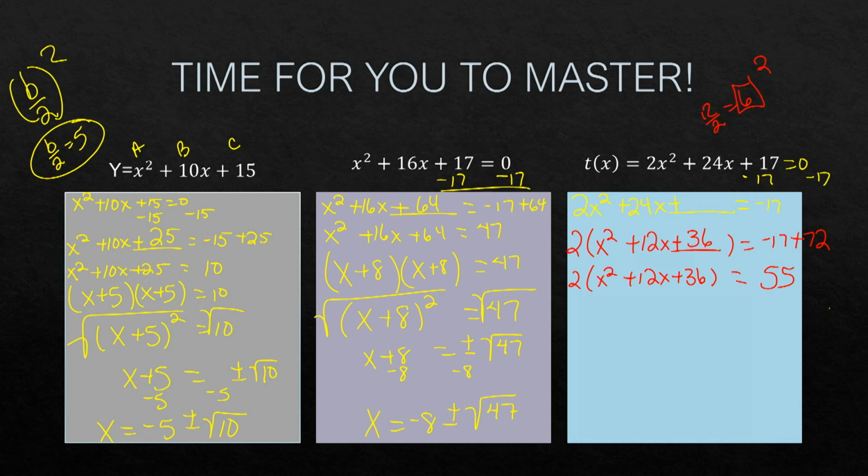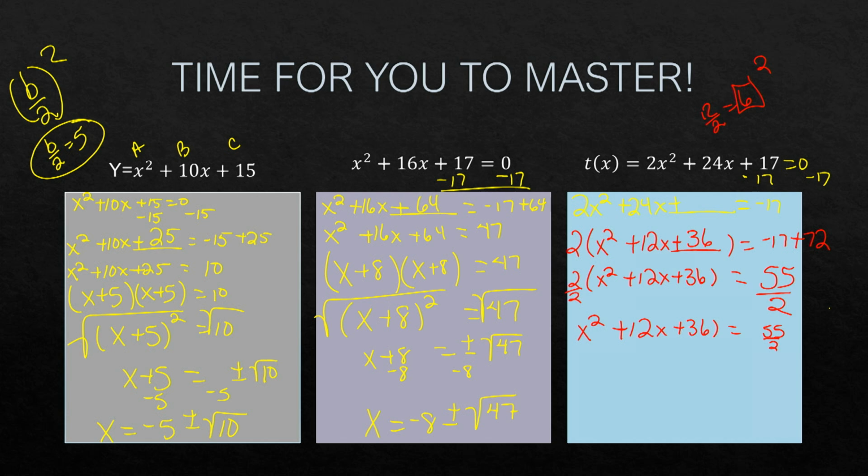All right, so now I am going to move that greatest common factor. I'm going to rewrite this as x squared plus 12x plus 36 equals 55 over 2. All right, so let's see what we've got.